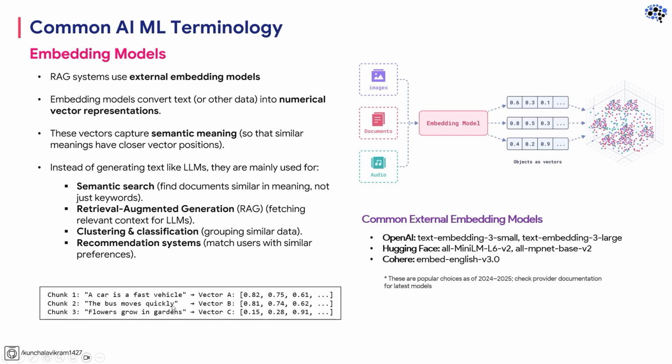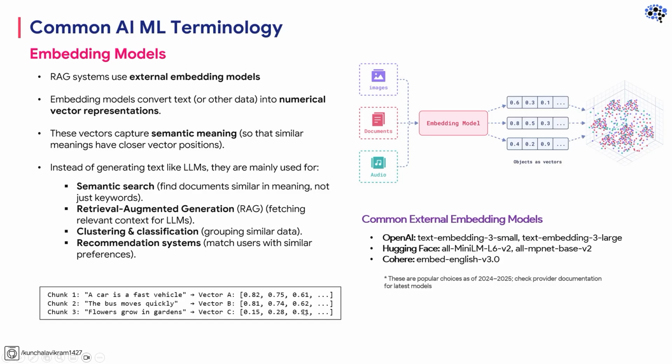Car and bus are close because both of them are modes of transport. But "flowers grow in gardens" is not close to the two sentences, and of course it gets a different vector.